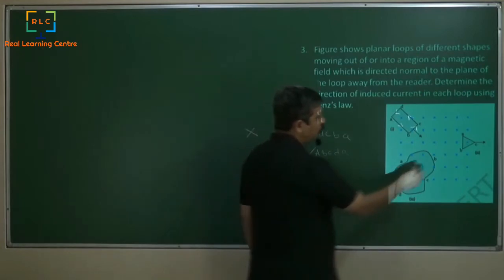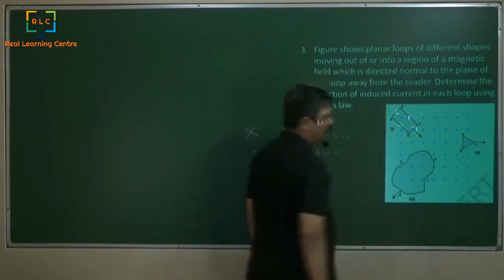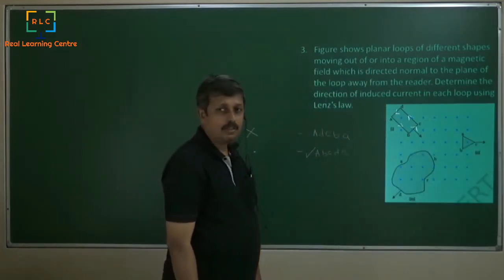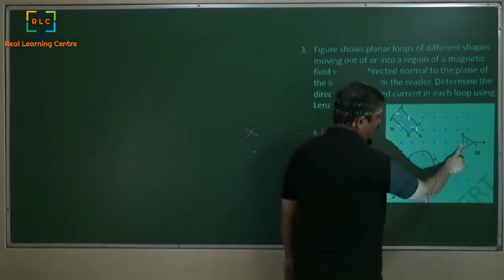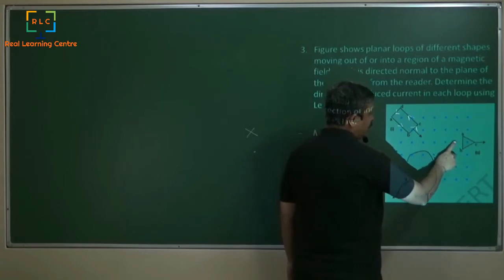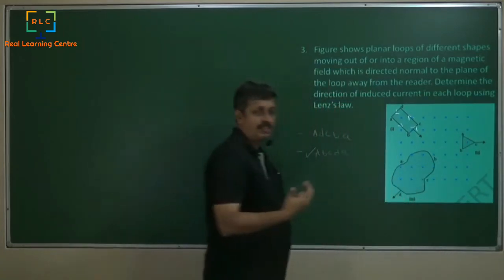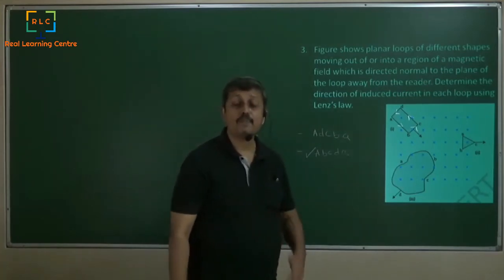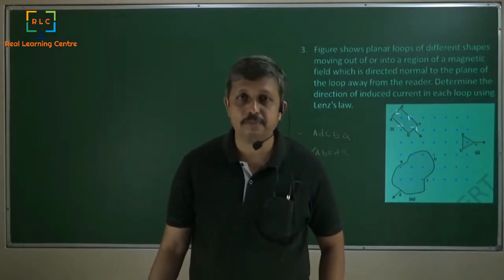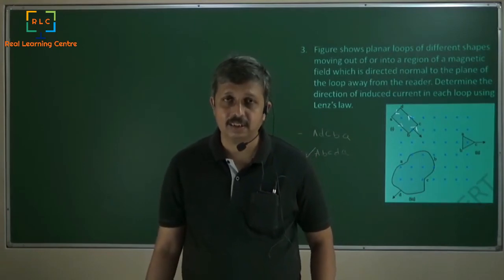So this small loop is going away from the magnetic field. If the small loop is going away from the magnetic field, then the amount of magnetic field that it contains is decreasing. To oppose that, you have to make a magnetic field such that it doesn't decrease.